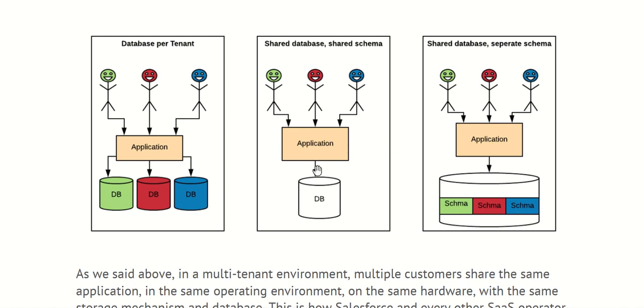So for example, if you take the order table of this model of multi-tenancy application, it will contain data of all the customers: Pepsi, Coca-Cola, BMW. All clients' data will be stored in only one database table. But how do we differentiate? By that column, tenant ID.